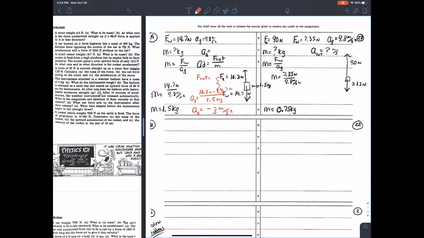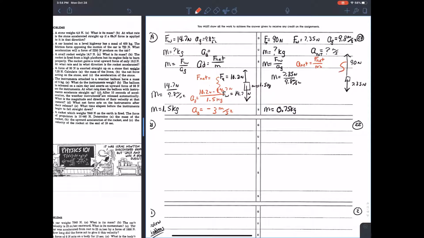And the upward force of 90 newtons is not, that object is not going to accelerate upwards with a force of 90 newtons because we have 7.35 newtons of force pulling back down on that object, that stone. So when we're figuring out the net acceleration of this, we need to use the net force divided by the mass.